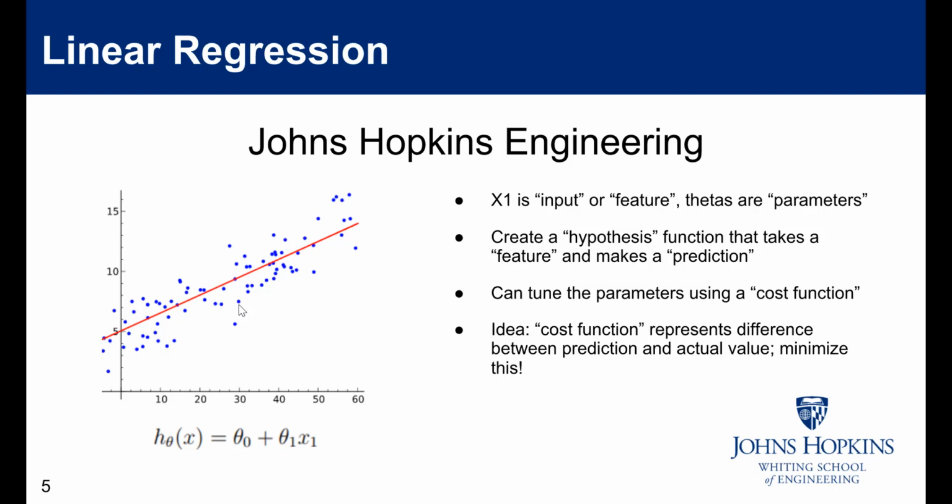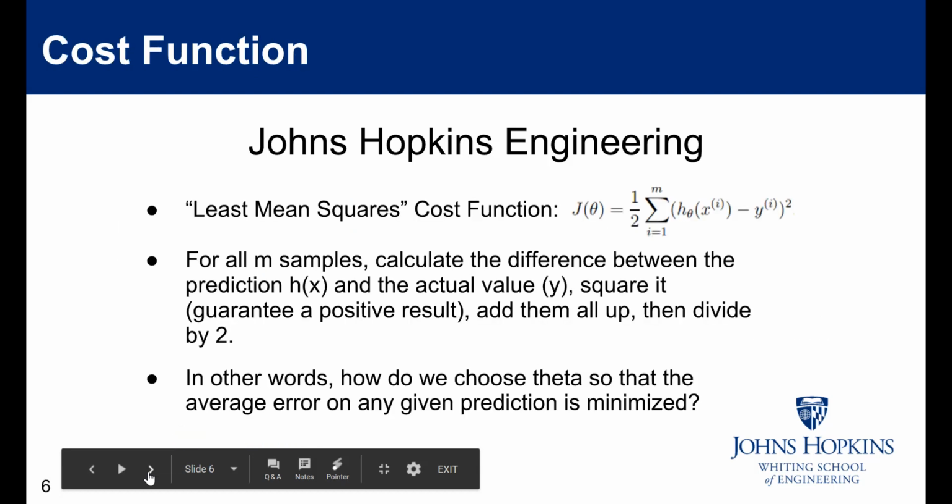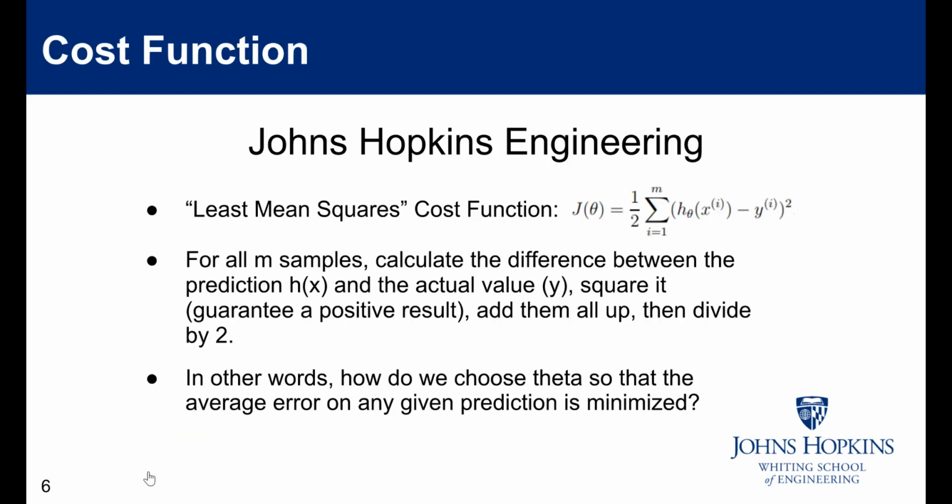We're going to calculate those differences between each blue point and the red line, and add those all up, and that's what gives us our cost function. So that's all it is. All we're asking is, how do we choose our thetas so that the average error across all of those training samples minimizes that cost function?